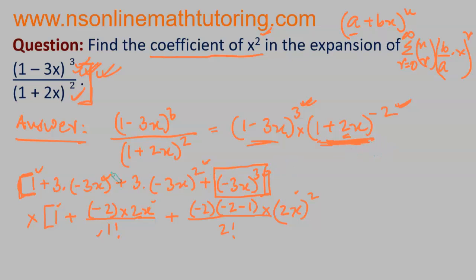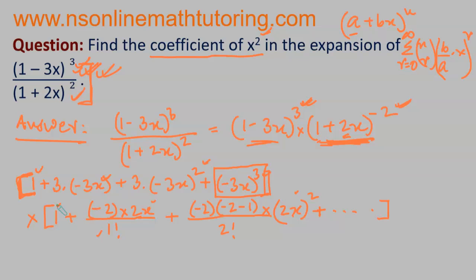But since there are only 4 terms, I have written all of them. And this will just be continuing. The next term will be having x cubed, then x to the power of 4, and so on. Okay? So it is an infinite series.